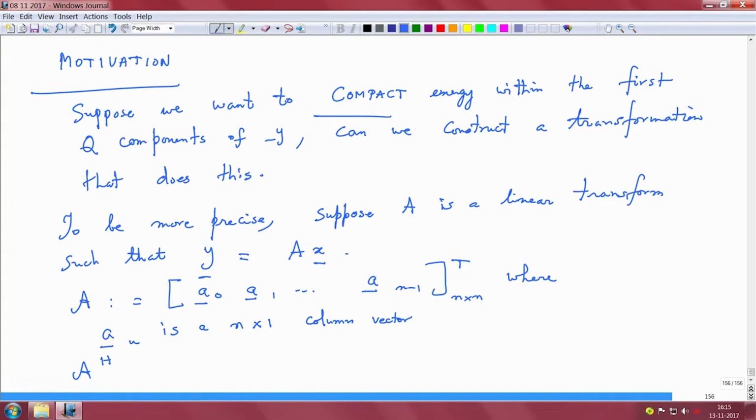That is the only subtle detail. So, just be mindful about that. Now, A Hermitian is this matrix which is A naught conjugate, A1 conjugate, dot dot dot, A n minus 1 conjugate.